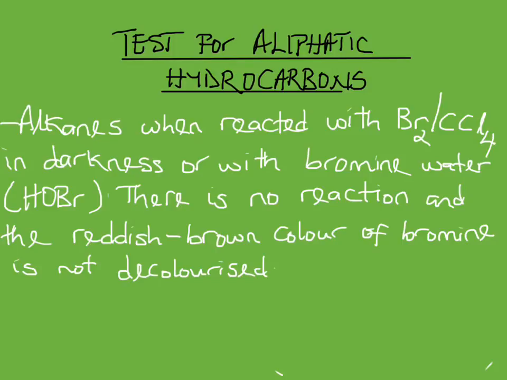If you can recall the reactions of alkanes, we said alkanes react with halogens in the presence of ultraviolet light, which means that in darkness, if ultraviolet light is not present, the reaction doesn't occur. And even if light is present, the reddish brown color of bromine does not disappear. That is, alkanes do not decolorize bromine or bromine water.